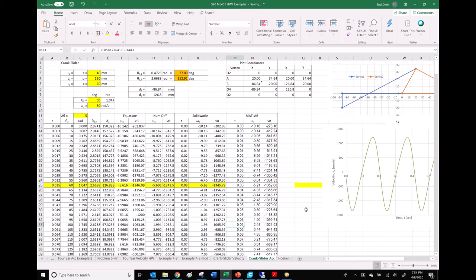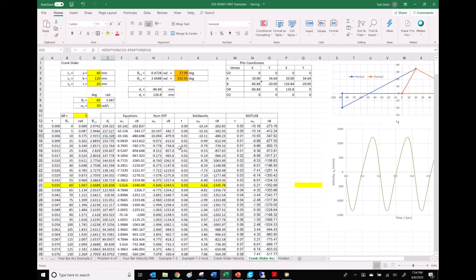And I haven't actually solved this one yet, so we're playing with fire here. So what we had done here, notice that we got the answer of omega and VB by way of equations, taking the numerical difference of the calculated angle and dimension D.